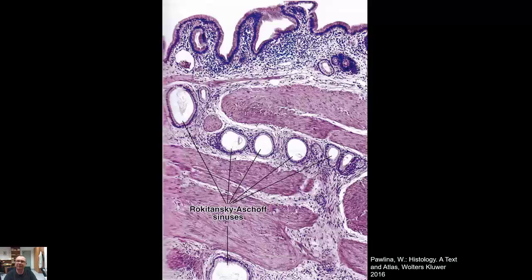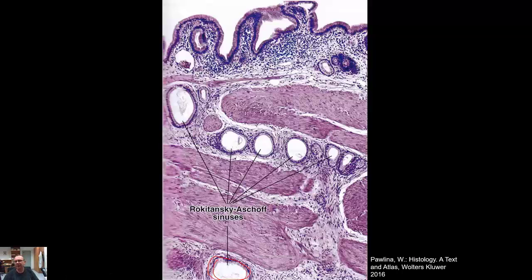I said that the invaginations of the mucosal epithelium can sometimes penetrate very deep. They can penetrate through the muscle layer, even to serosa. Here you can see a section of a tube which is lined with cholangiocytes, which is lined with the epithelium of the surface.